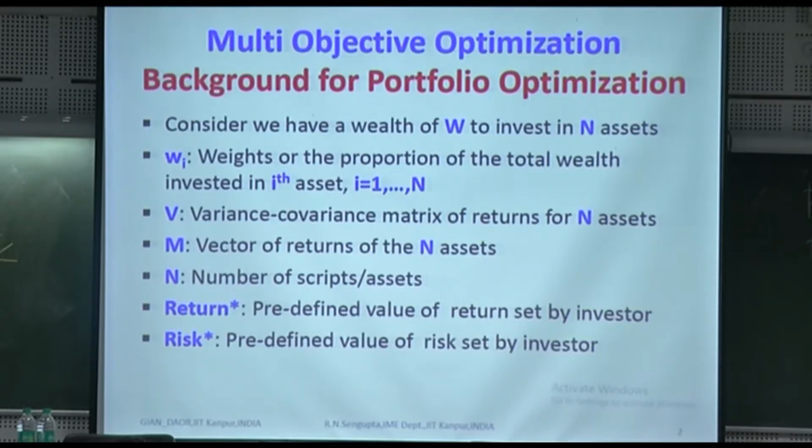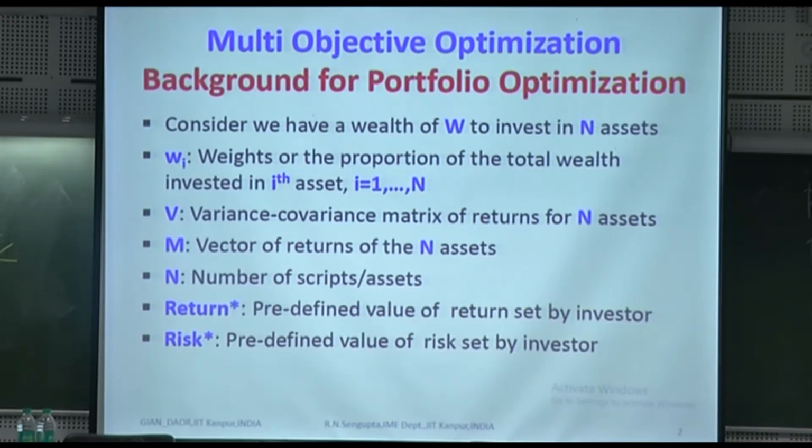W and M are vectors, W of size n cross 1. The Wi's are the weights, capital V is the variance covariance matrix for the n assets, M is the vector of returns for the n assets, and N is the number of scrips or assets which you have.